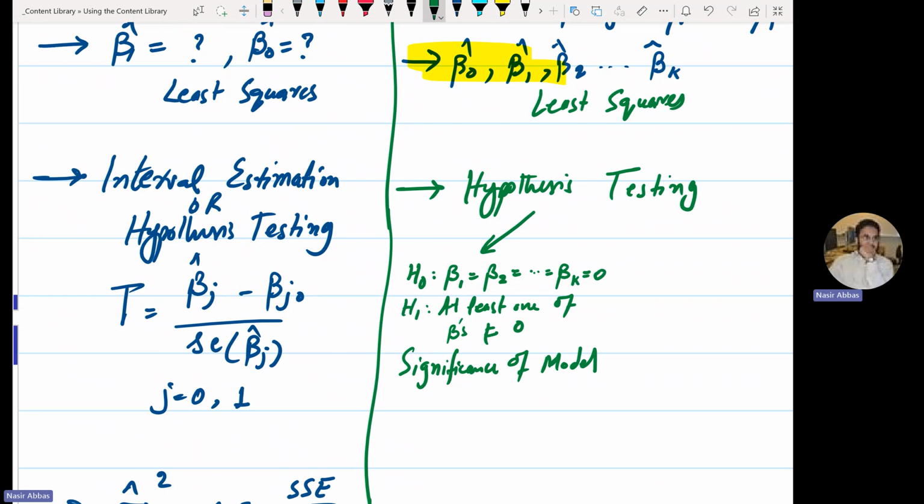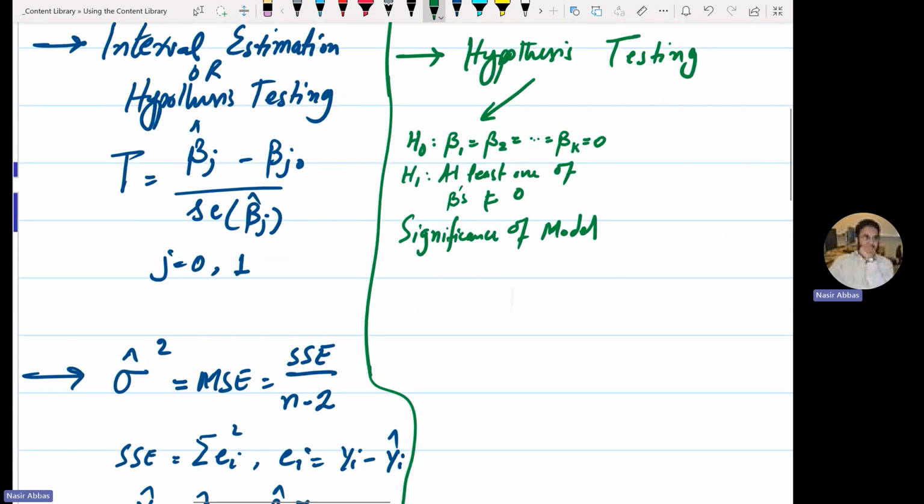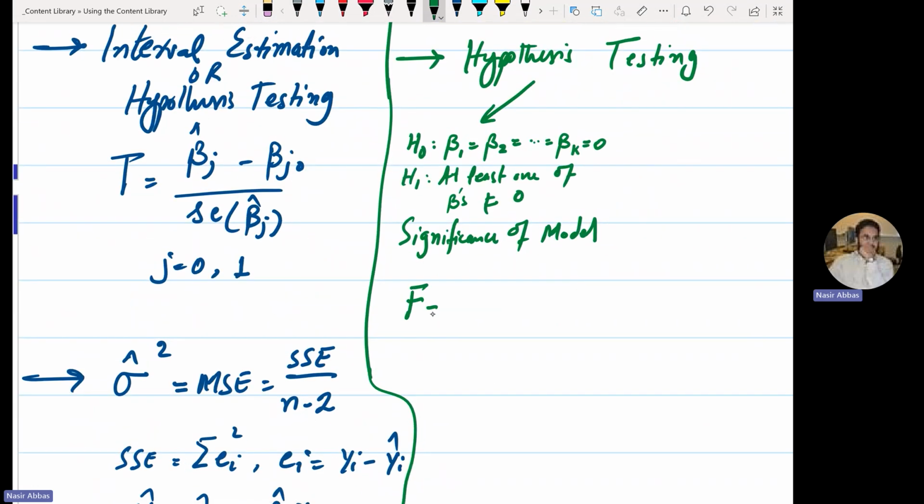That your whole model is insignificant, useless model. So one might be interested in testing the significance of full model. This will be tested again the way we tested in chapter 11 using F-test. That F-test will be SSR. There we divided it by 1 because there was one predictor.